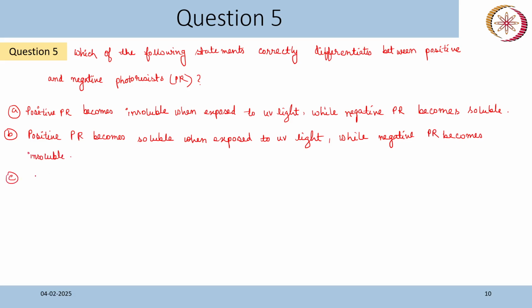Option C is both positive and negative photoresist become soluble when exposed to UV light.